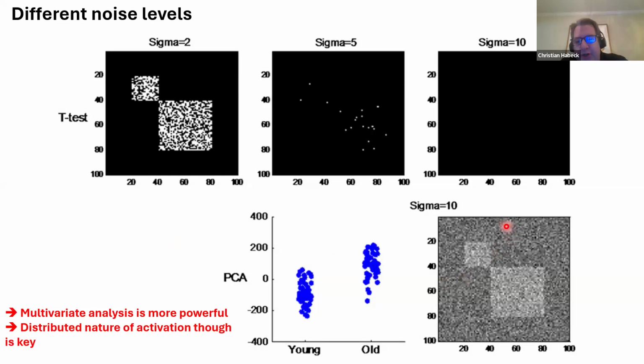But just to show, because of the distributed nature of the signal, PCA works reasonably well. Even under the strongest noise, you'll get some components out there very similar to what you put in. And now the noise is incorporated into the voxel loadings, but you clearly see this adjoining square structure, right? So that's an example where PCA will work better than univariate analysis.